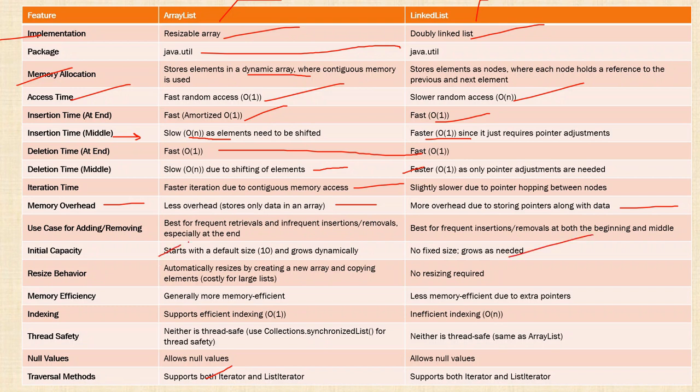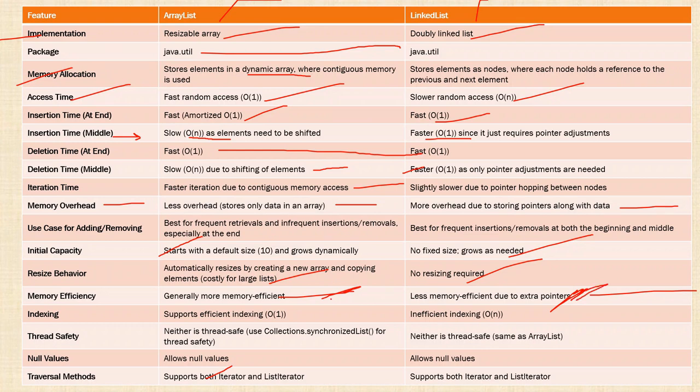The default size will be 10, and the array resizes automatically by creating a new array and copying elements, which is costly for large lists. In linked list, no resizing is required. Memory efficiency: array list is generally more memory efficient, and linked list is less memory efficient due to extra pointers. Memory-wise it is not good, but performance-wise it is very good.